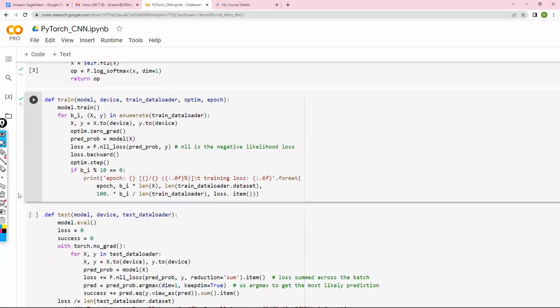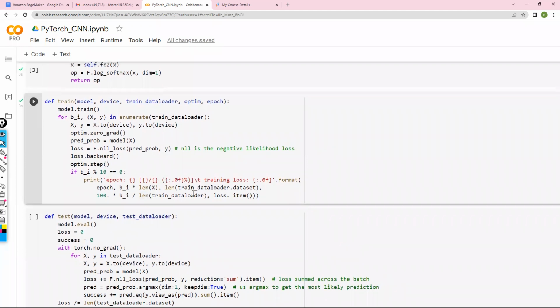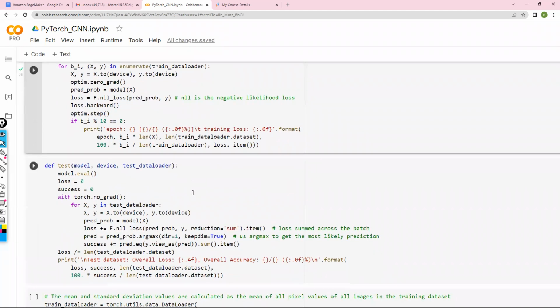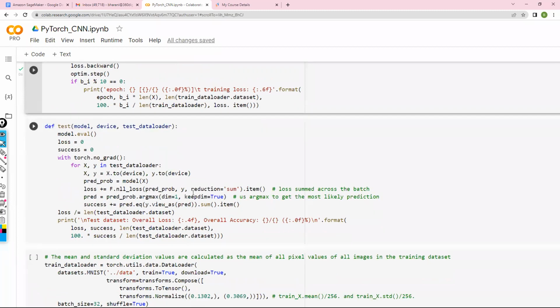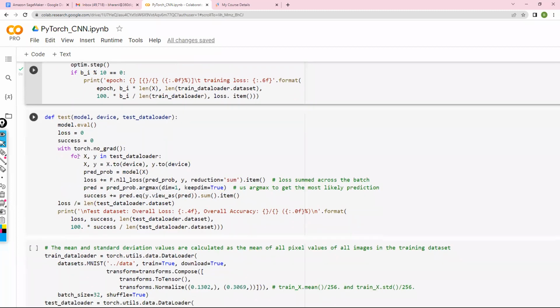This entire procedure, once it is done, qualifies as one epoch. When the entire data set is read once, it's going to give you the output. Then here, a similar kind of routine is written.